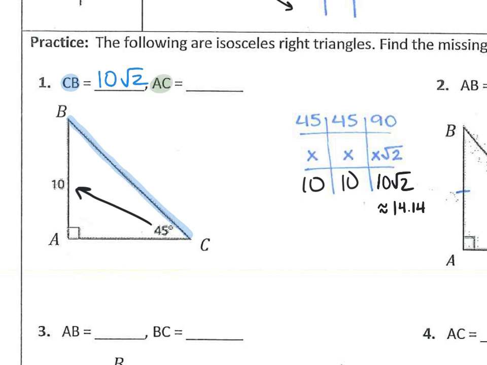If I ask you for AC, that's this one right here. What is that across from? A 45, which means that the length is 10. So the tic-tac-toe board is going to help you find these patterns among these triangles. In a 45, 45, 90, it's x, x, x square root of 2.